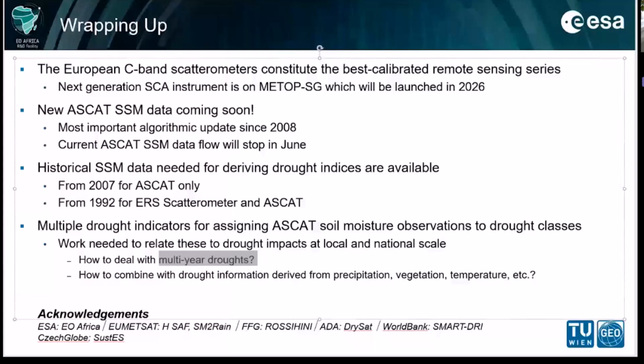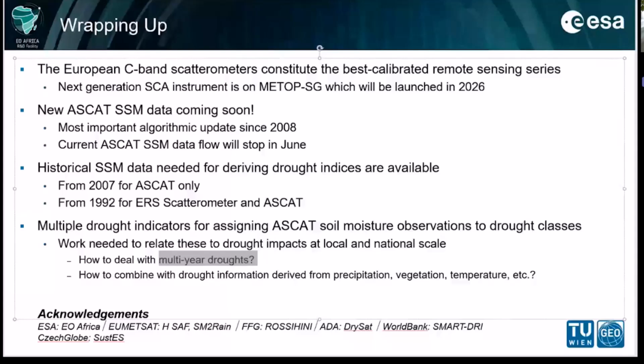Now I see a question: how close to the coastline can one be confident in the 6.25 kilometer resolution? I would say look at the data. As a first guess, if you say 10 kilometers away from the coastline, you should be on the safe side, but it depends on the exact shape of the coastline.